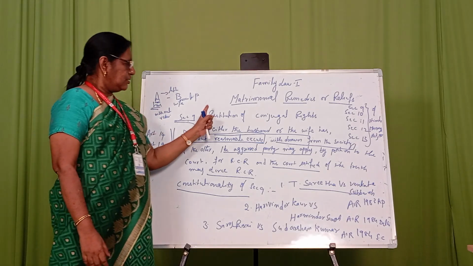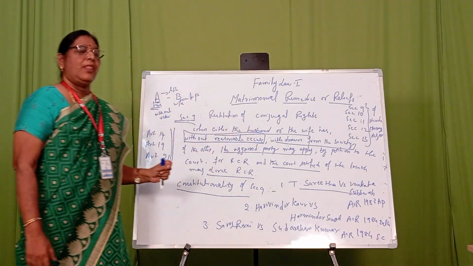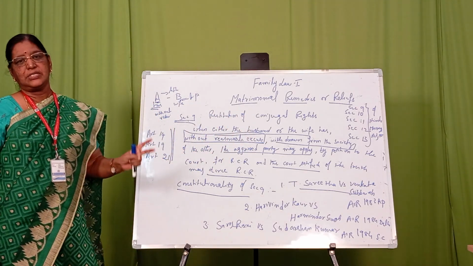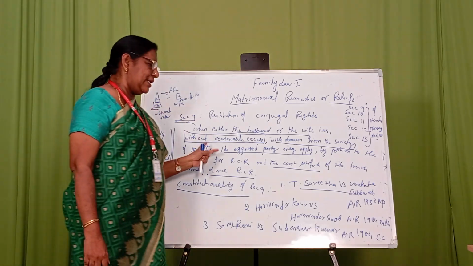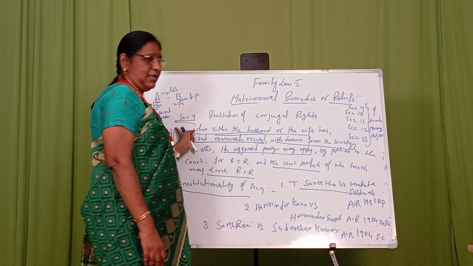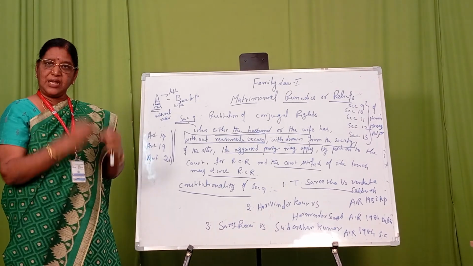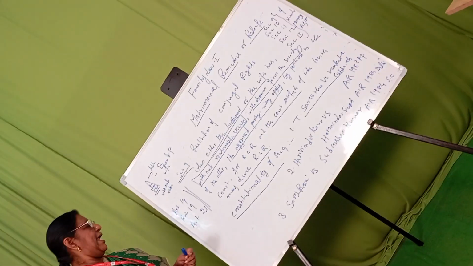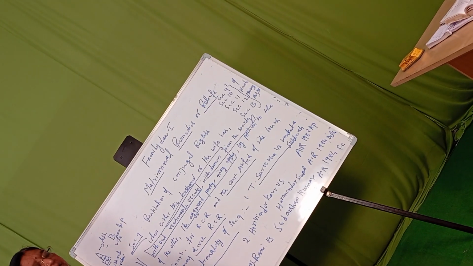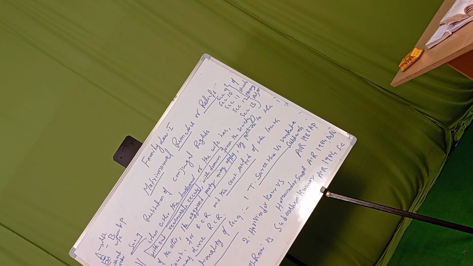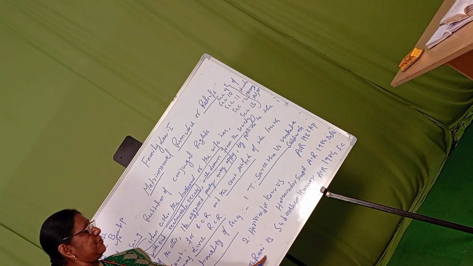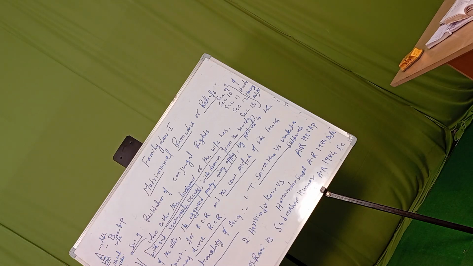So here, two different High Courts have expressed different opinions regarding Section 9. The AP High Court said that Section 9 is a brutal section, whereas the Delhi High Court said Section 9 is a good section.